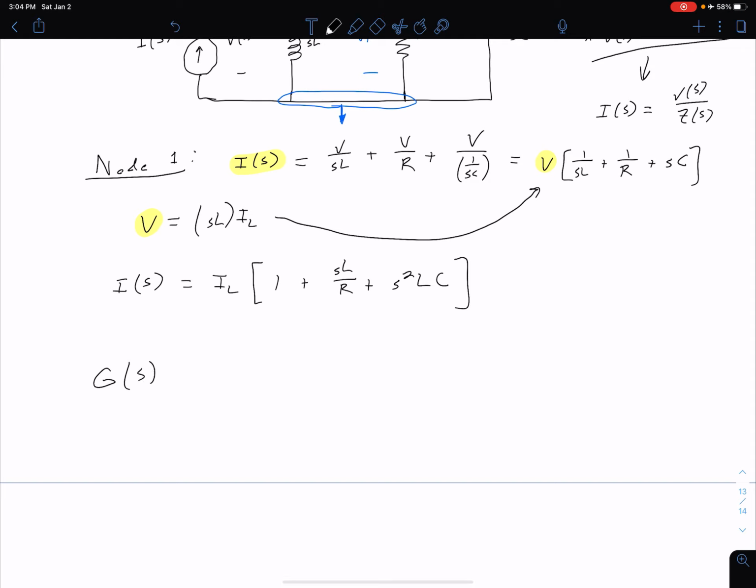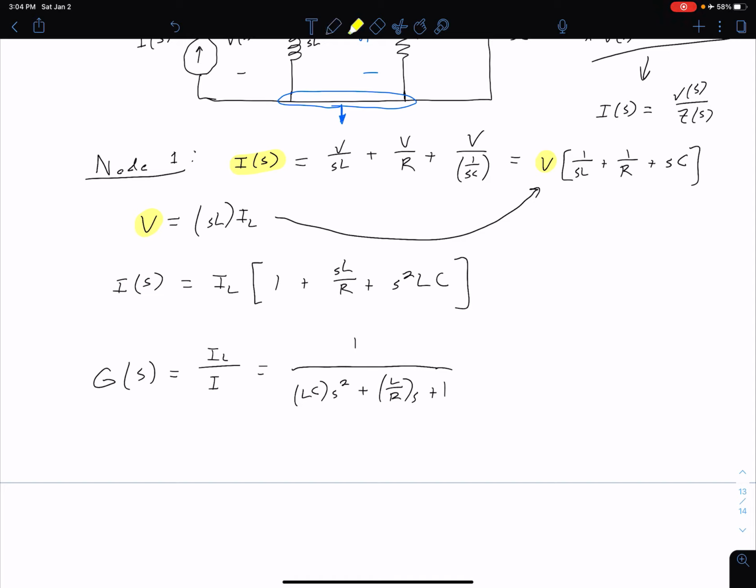So our transfer function G of s is defined as our output, and again, I'm being loose, sometimes I'm dropping the function of s. So it's our output I sub L divided by our input I, which is just equal to 1 divided by LC times s squared plus L over R times s plus 1.